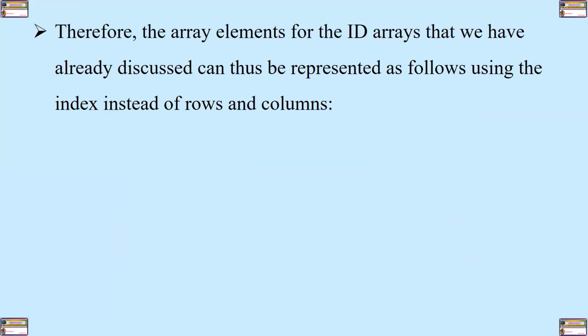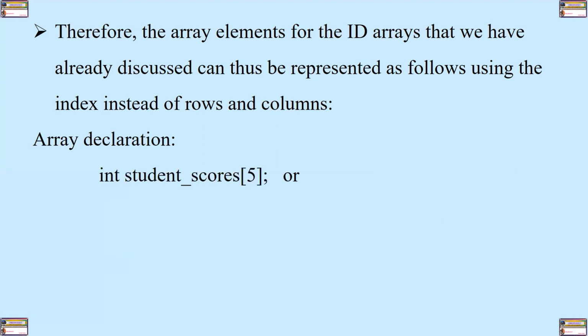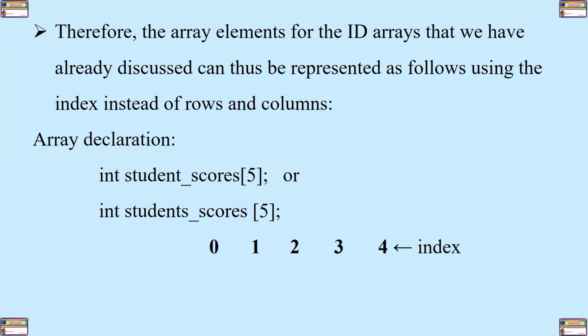Therefore, the array elements for one-dimensional arrays that we have already discussed can thus be represented using index instead of rows and columns. So our array will be declared as that, or using this other second declaration here. That is for the first and for the second, but both of them are one dimension.